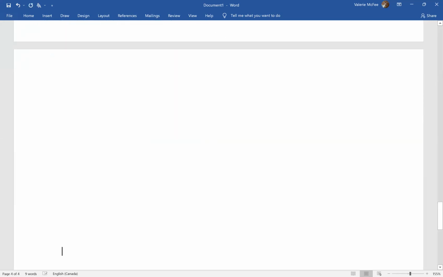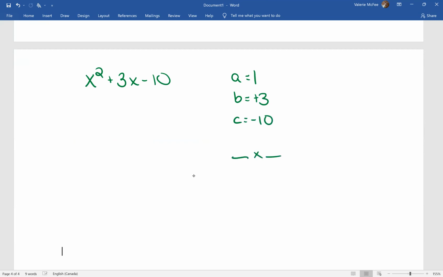Okay, here we go. X squared plus 3x minus 10. We see a, b, and c. Two numbers that multiply to equal a times c and add to equal b. It must be 5 and 2.